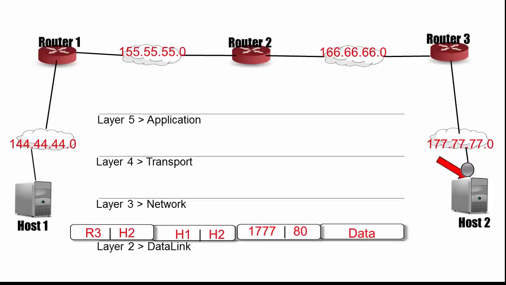Here, the frame is received at host 2. Host 2 looks at the frame, realizes that the hardware destination address matches its own, so it knows that the frame is addressed to itself, so it's not going to discard it. But it does know that it needs to remove that frame header, so it does that. And then it passes the datagram up to the network layer.